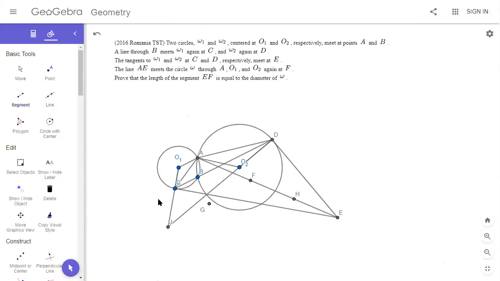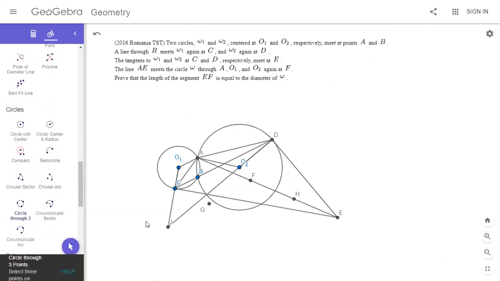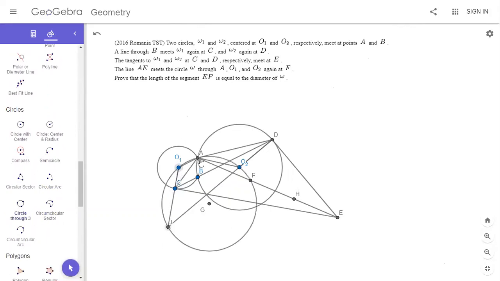Is it clear that J, O1, A, O2 and F, but for now, let's see. Yeah, because we can show that those two angles add up to 180. So actually, yeah, an angle chase will show that O1AO2J is cyclic.